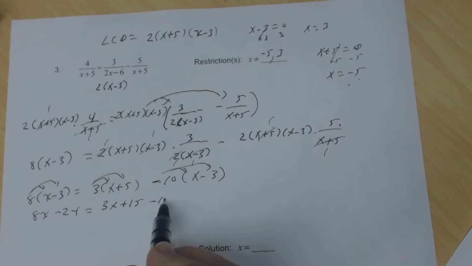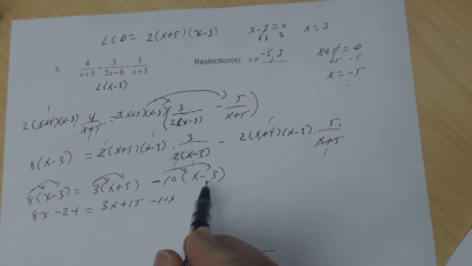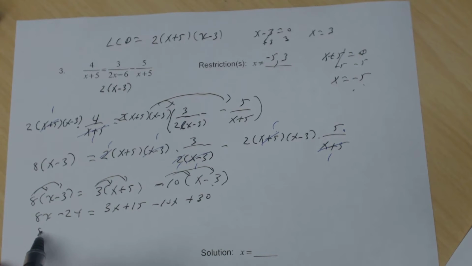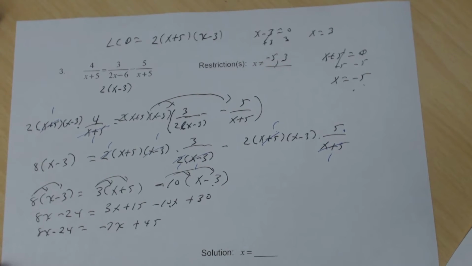Negative 10 times x is negative 10x. Negative 10 times a negative 3 is a positive 30. Combining like terms, I get 8x minus 24 equal. Over here, 3x and a negative 10x is a negative 7x. 15 and a positive 30 is a positive 45.